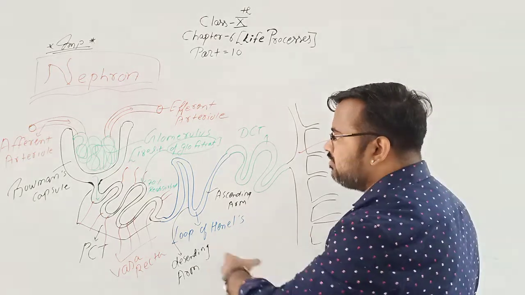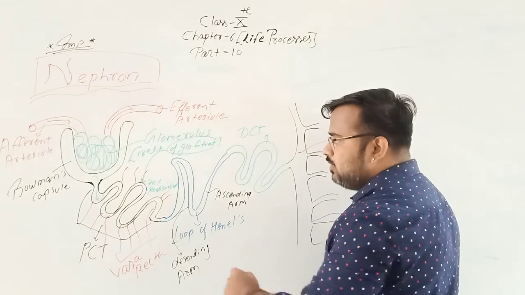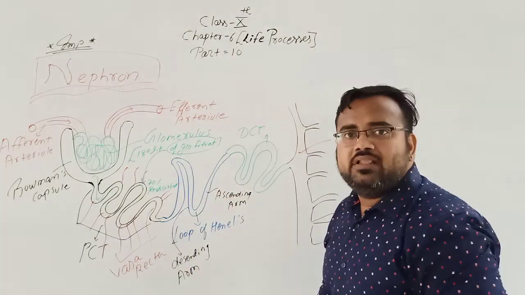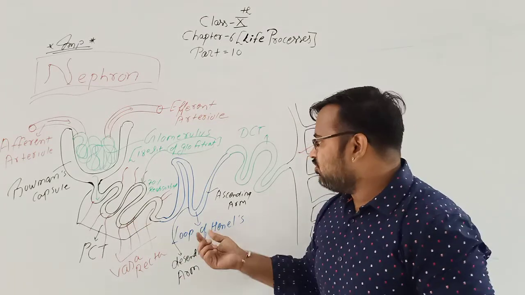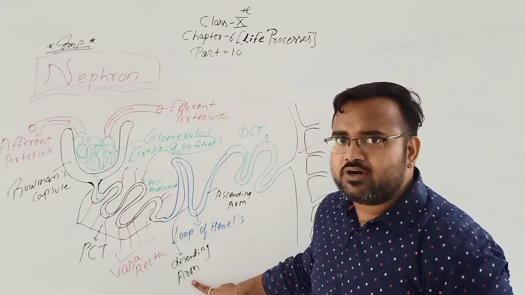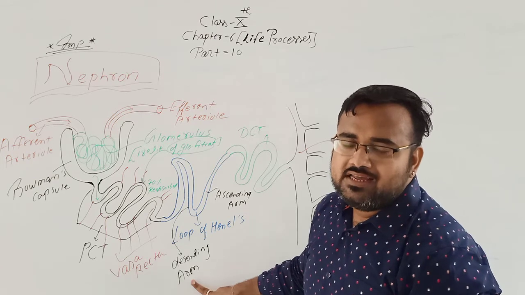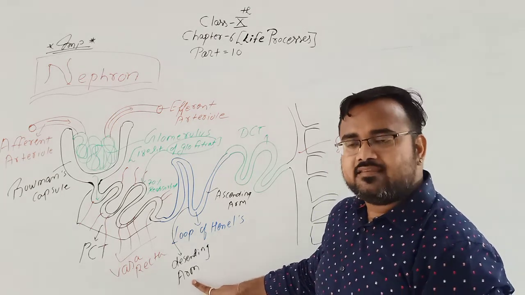So when the remaining 30% filtrate comes into the Henle's loop, in the descending arm only water is reabsorbed. That is, the descending arm of the Henle's loop is permeable only to water. If water is removed, the concentration of urine increases.